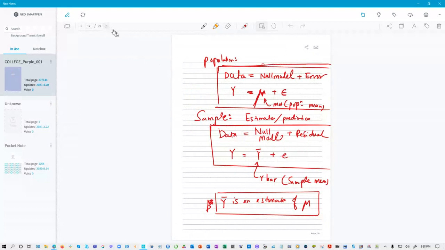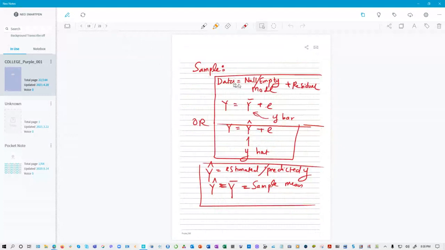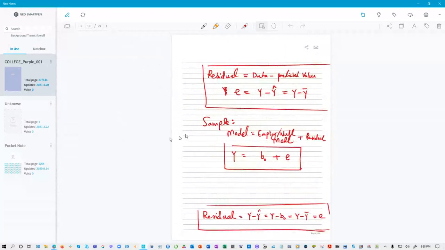So in the sample, it's the same thing. I'm writing y hat, y bar, b naught, the same thing for the sample.